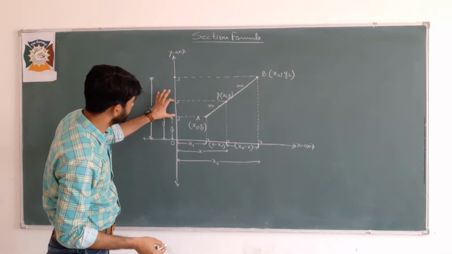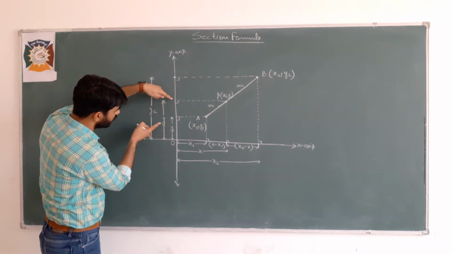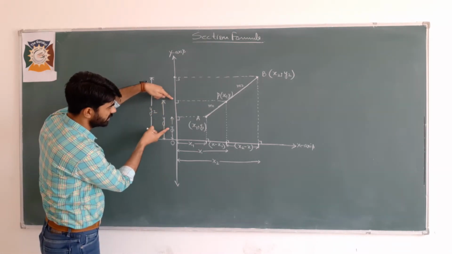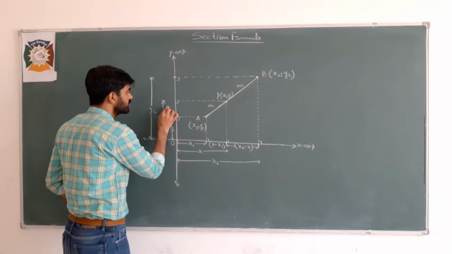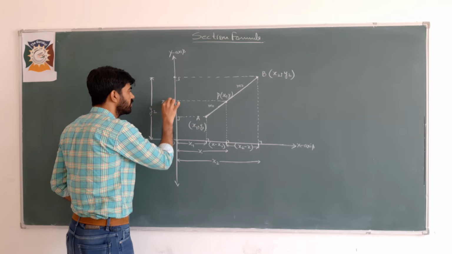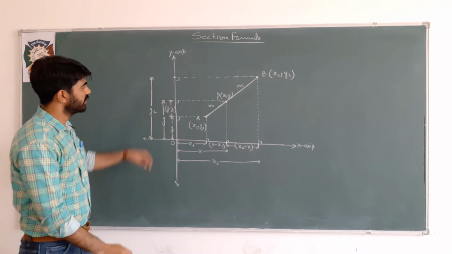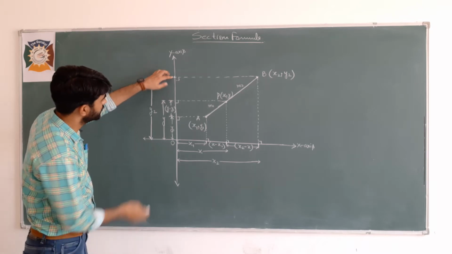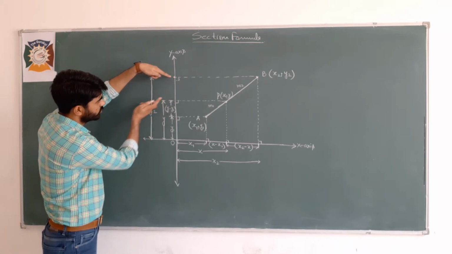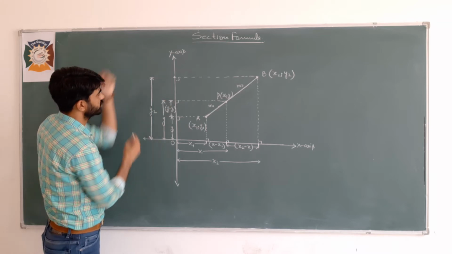Now what about this distance? This much distance will be equal to y minus y1, from here to here. Now what about this much distance? The total is y2 minus y.